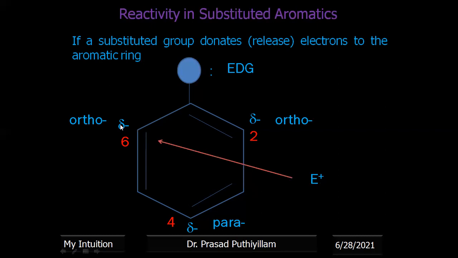That means this particular position, having more electron density, can take this electrophile, or even the para position's electron density can attract that electrophile. When you write notes, it is better to give the arrowhead in the reverse way: start from here and put the arrowhead there, because that is the better representation. Electrons always attract; that is the concept we need to follow. Then it is easy to understand organic chemistry.